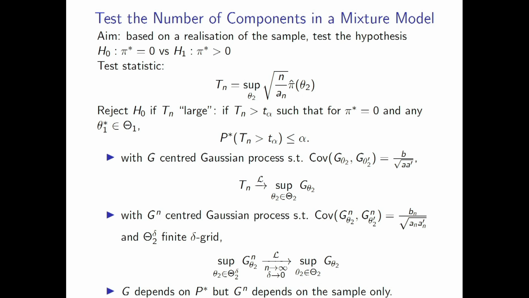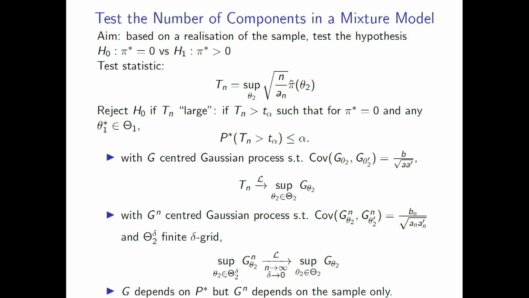But this can help in this situation because you can prove that the distribution of Tn converges to that of the supremum of a Gaussian process, whose covariance structure is defined here. The problem of this covariance structure is that it depends on p star, which we do not know, of course.